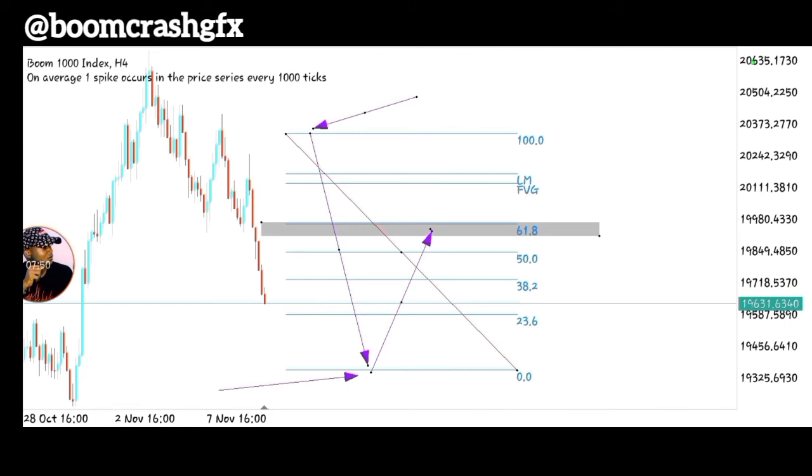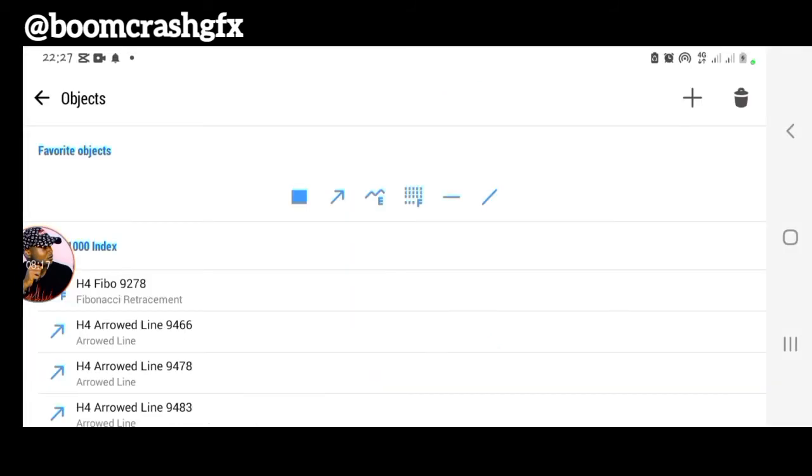Now don't forget, we are talking about a downtrend movement, whereby we've drawn our Fibonacci from 100 down to 0. So once we have a market like this, and we see price reverse back to this level, which is 61.8, here you can actually take your trade.